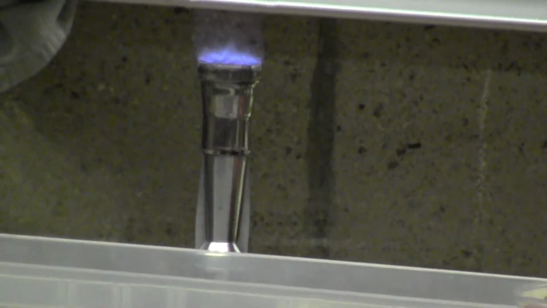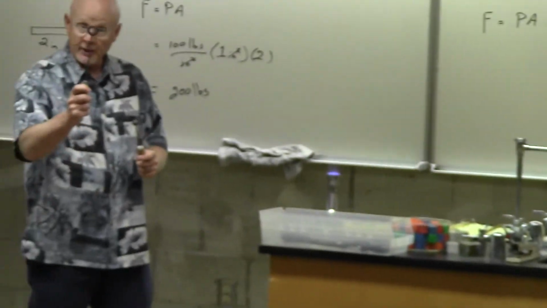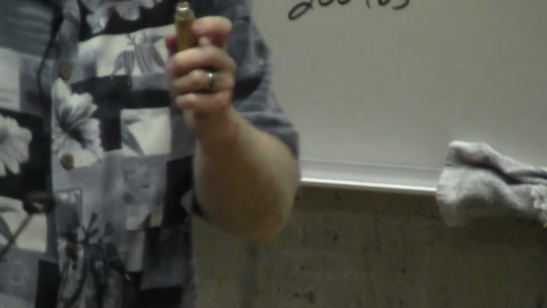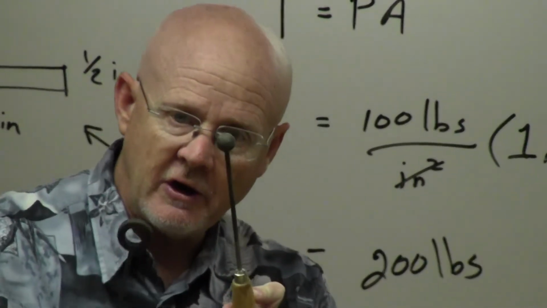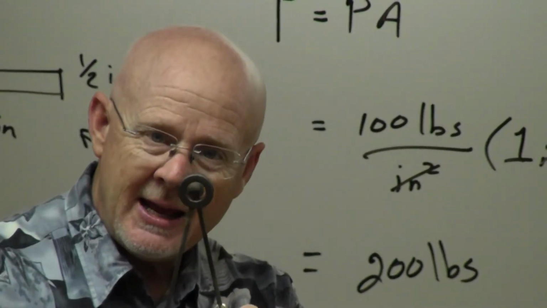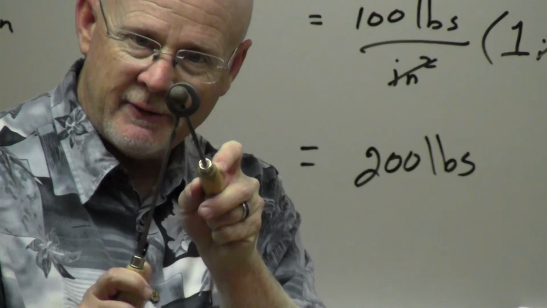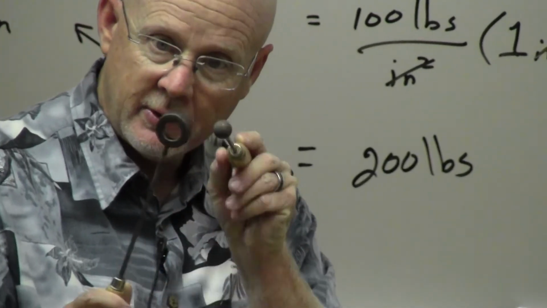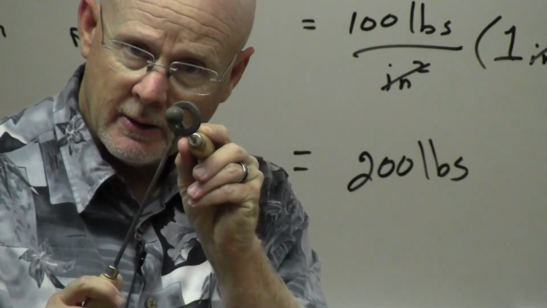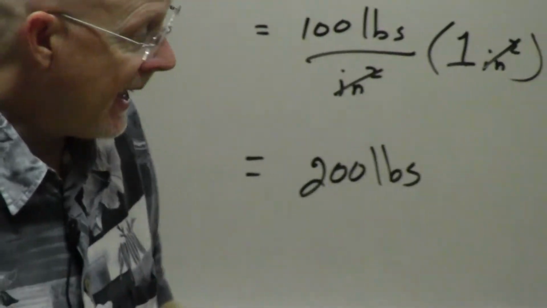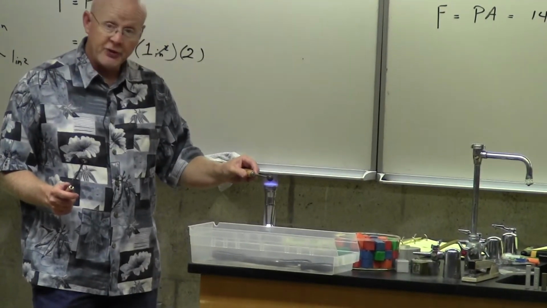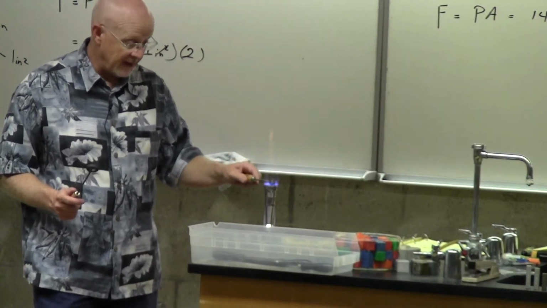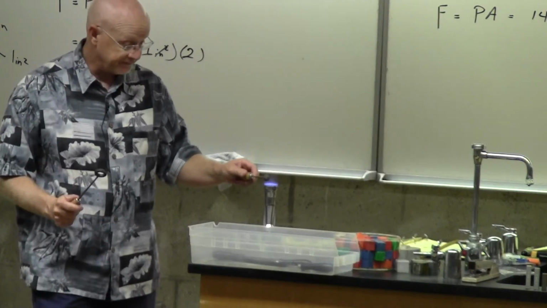To illustrate this thermal expansion again, I have a ring and a sphere. Now, the diameter of this sphere is actually the same as the inner diameter of the ring. It just barely fits through. To illustrate thermal expansion, let me put the sphere in the hot flame, but not the ring.